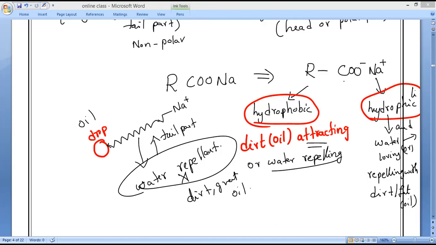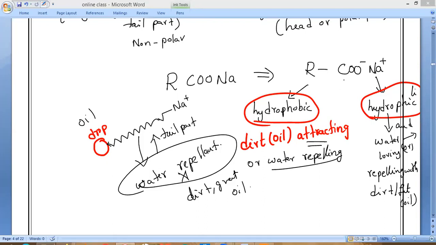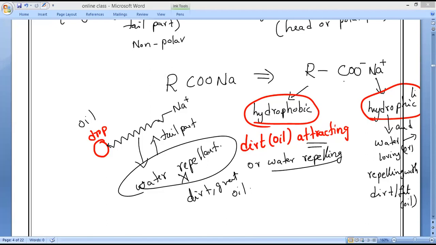Remember, the long hydrocarbon chain is oil soluble or dirt soluble. That is the tail part, hydrophobic. The short ionic part is water soluble, which is hydrophilic. Does anybody have any doubt? Are you clear, all of you? Yes, Pradosh, Rudreshwar.